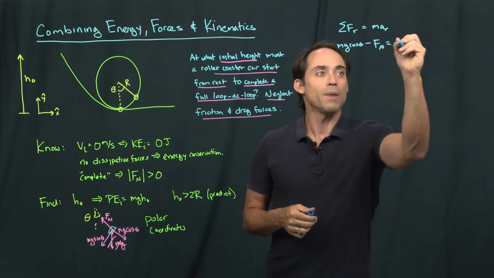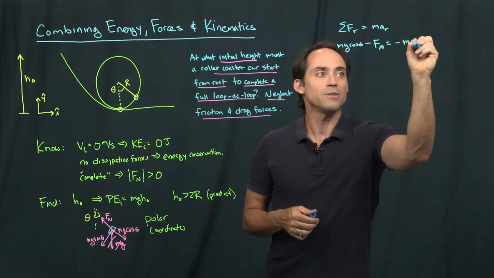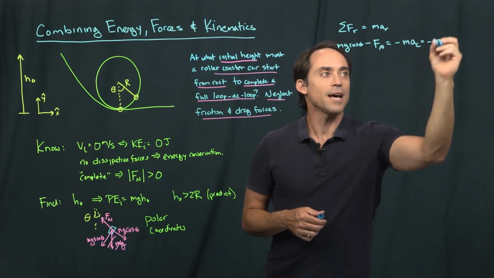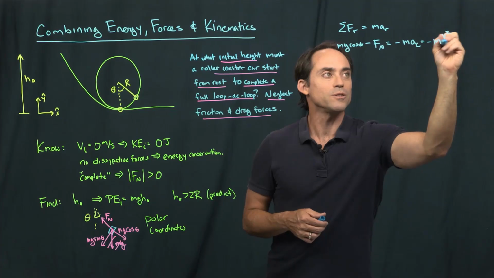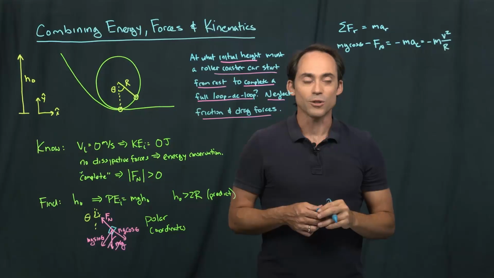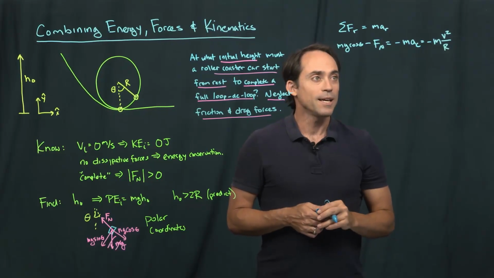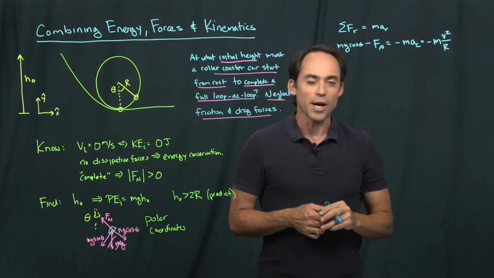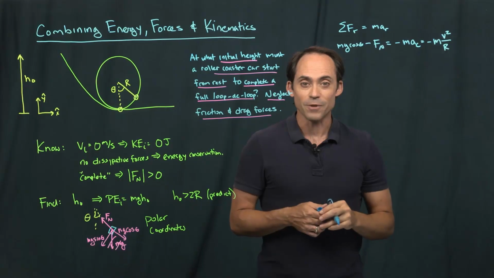So this gives us minus mass times the centripetal acceleration, or minus mass times, and let's use our expression for speed squared divided by the radius of the circle. All right? Now, looking at this a little more closely, we have a term that's mv squared, which is just like our kinetic energy term, 1/2 mv squared.